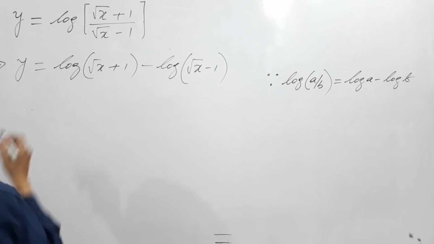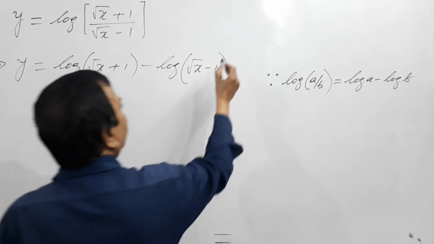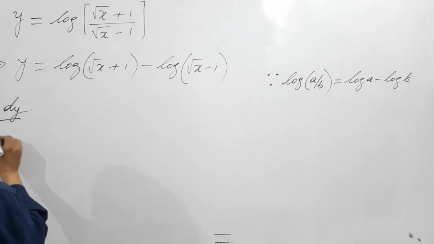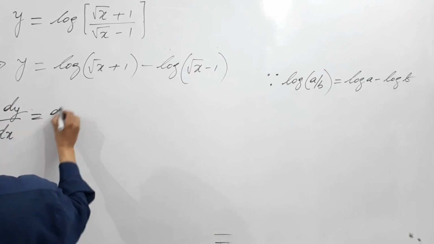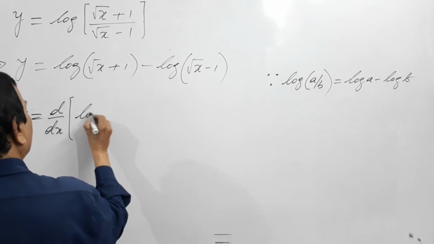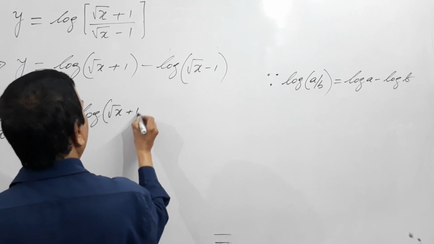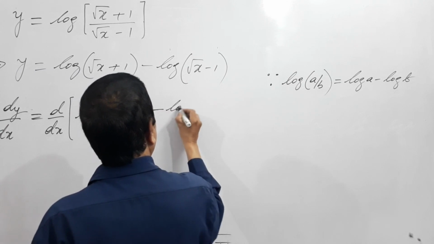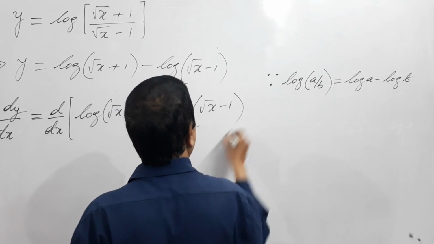So what happens is, now we are able to differentiate this. dy by dx equals d by dx of log root x plus 1 minus log root x minus 1.